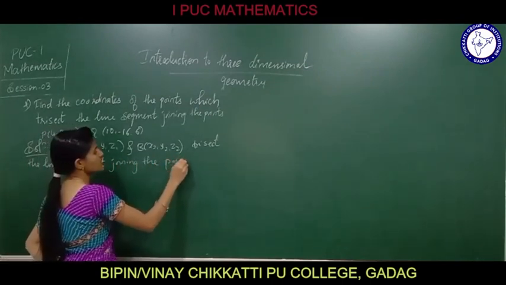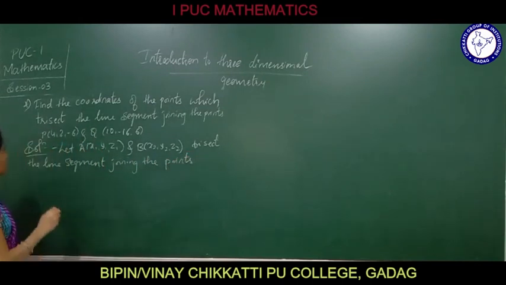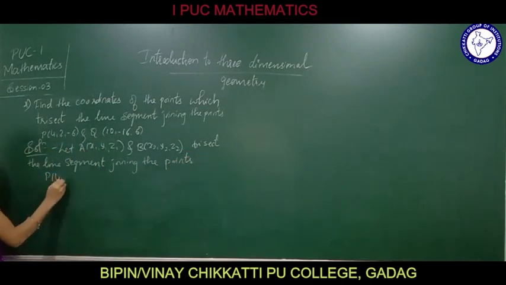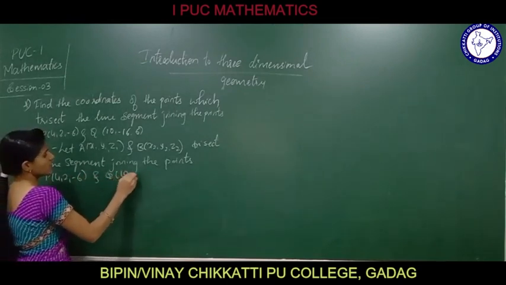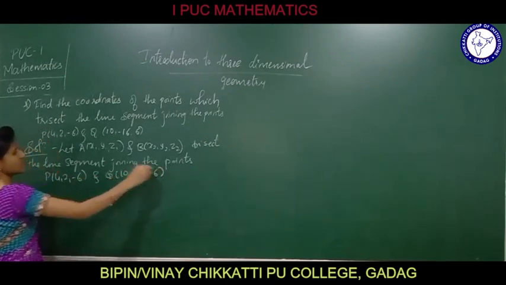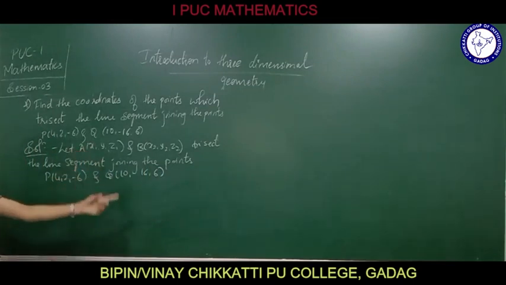Which are those points they have given? Joining the points P of 4, 2, minus 6 and Q of 10, minus 16 and 6. We consider 2 points which are trisecting this line segment of the points P and Q.